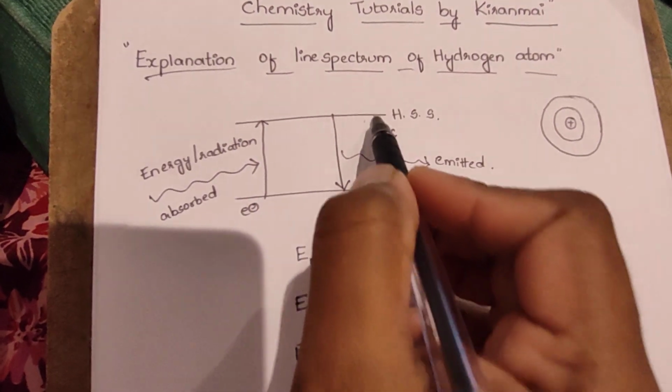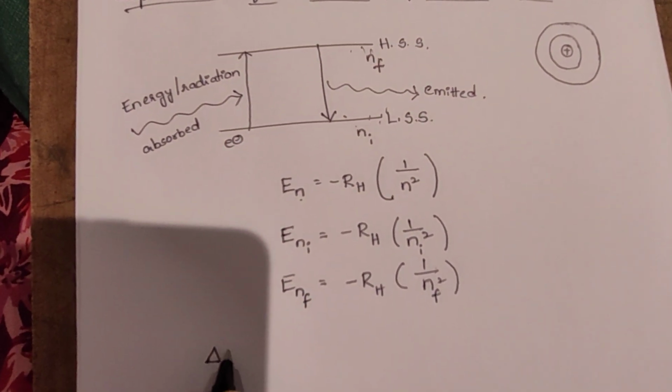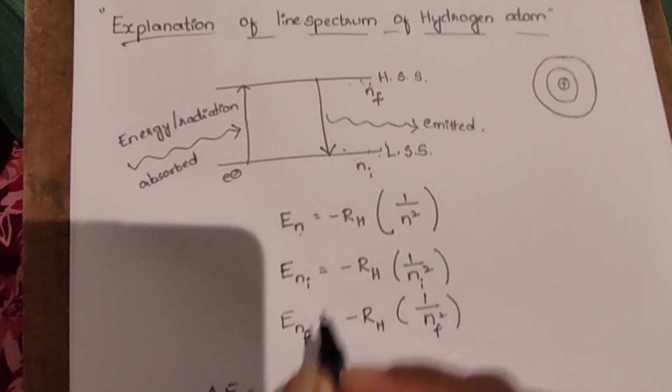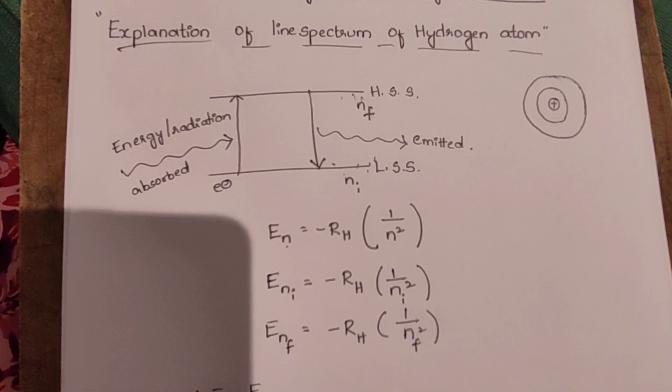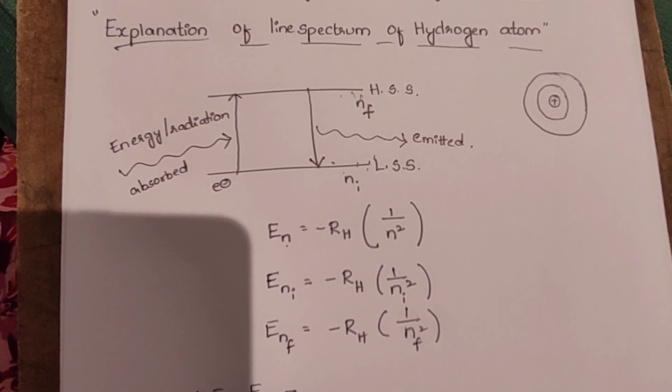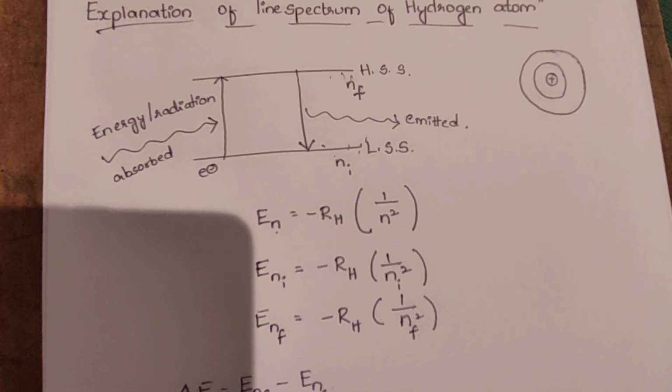The difference between these two energy states is delta E, equal to the energy Enf or Ef minus Eni or Ei.